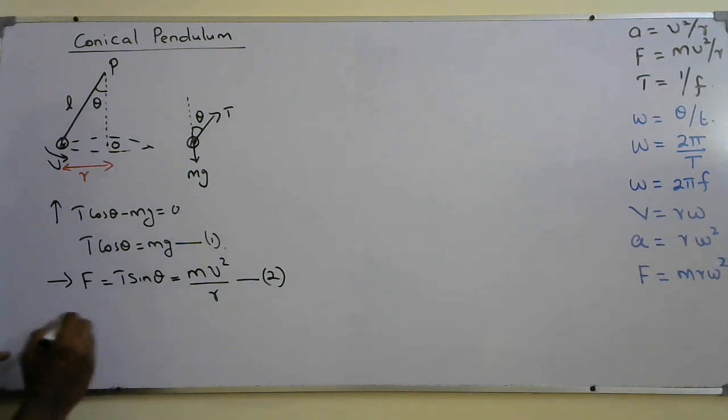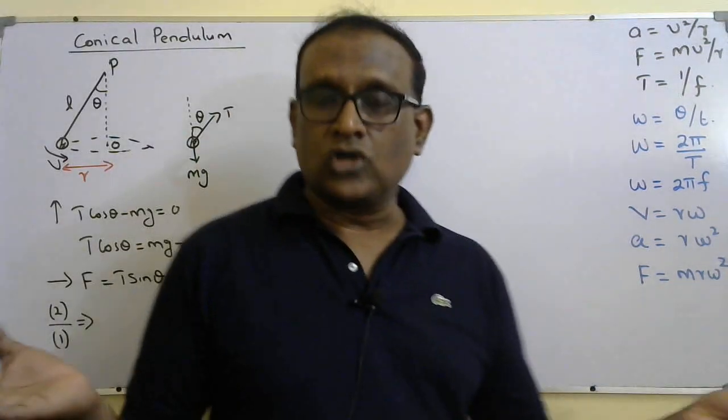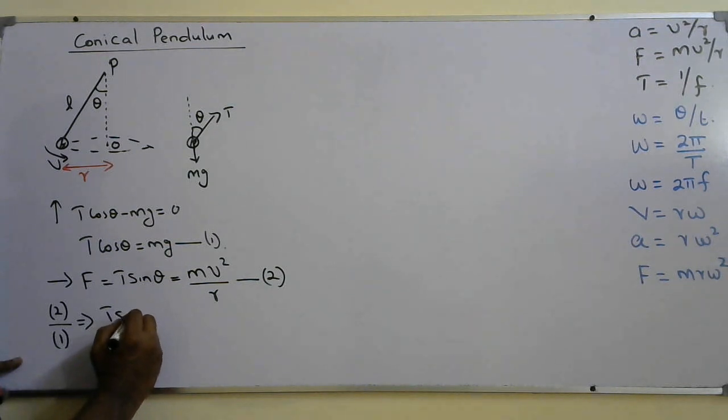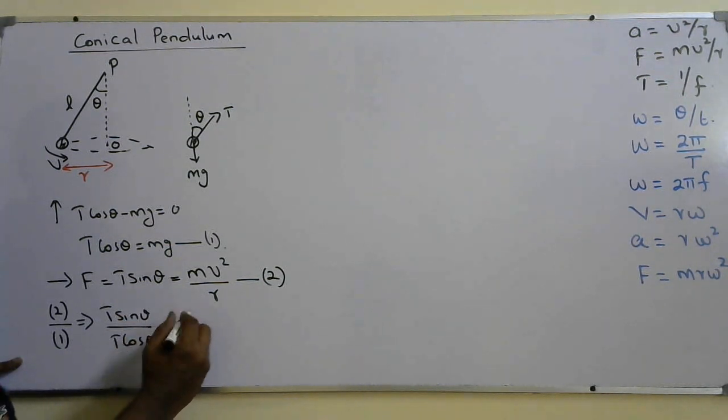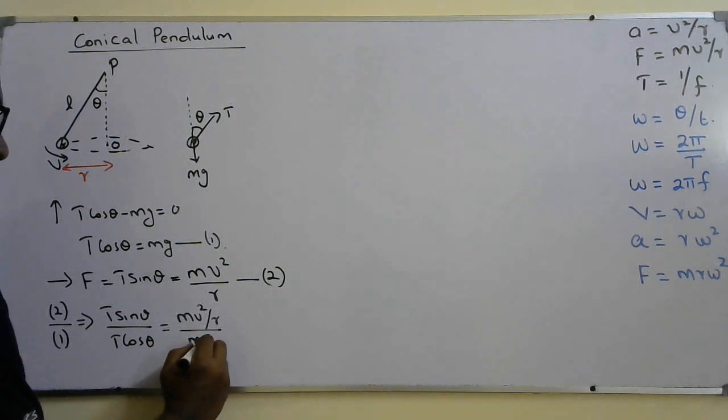Divide the second equation by the first equation. That's the way we normally solve questions related to merry-go-round or conical pendulum. So T sine theta over T cos theta equal mv squared over r over mg.